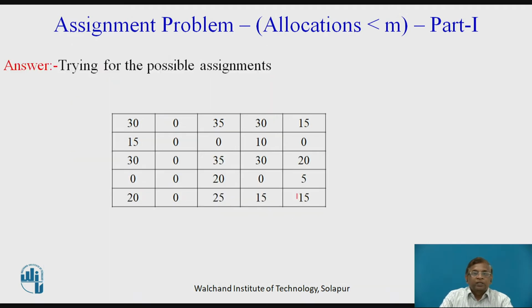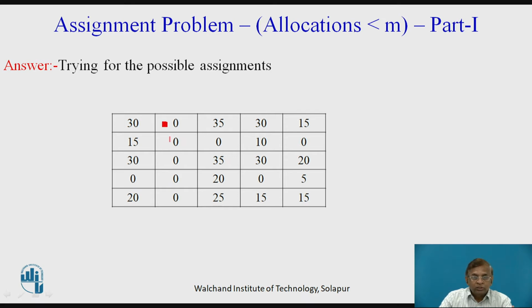After this, we have to go for possible allocations, and the rule for allocation, as you know, we have discussed in earlier videos, is we look for a single 0 in a row for allocation. First we look for the single 0 in the rows and then columns. That's the way we do it. So in the first row we have a single 0, so we allocate this 0.